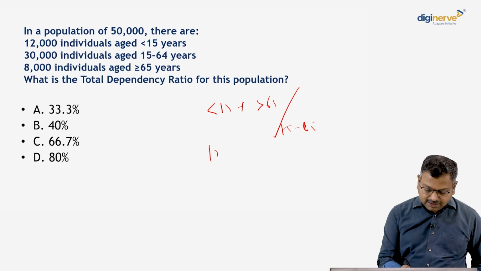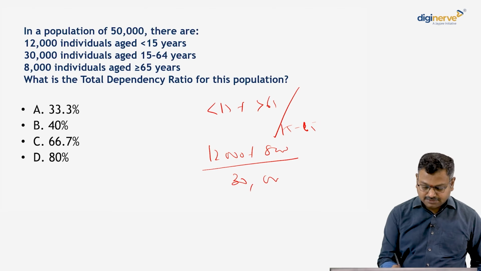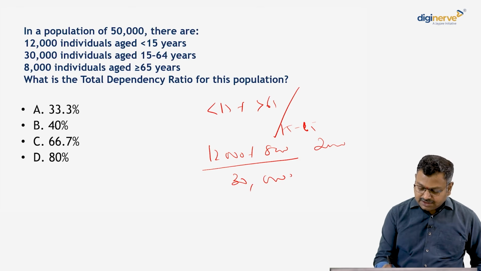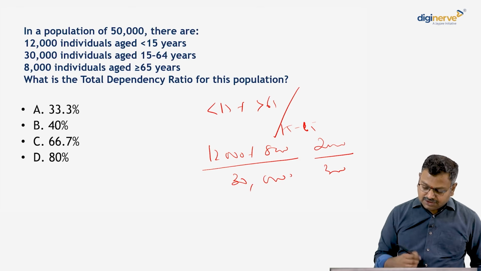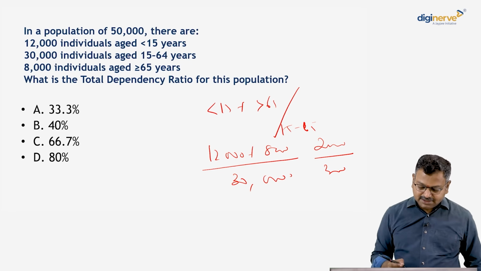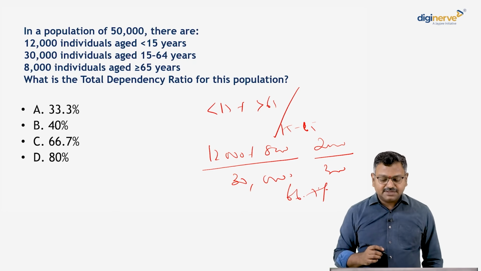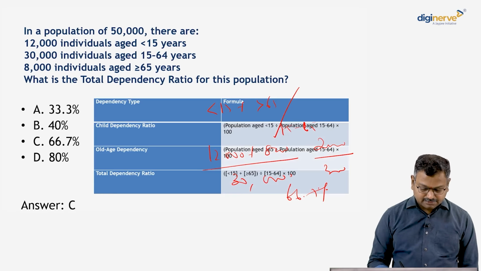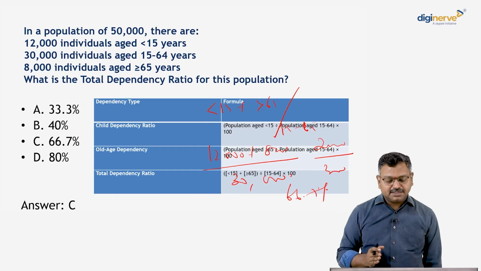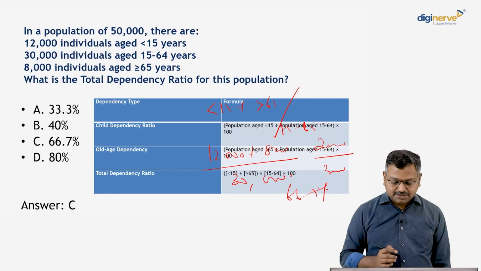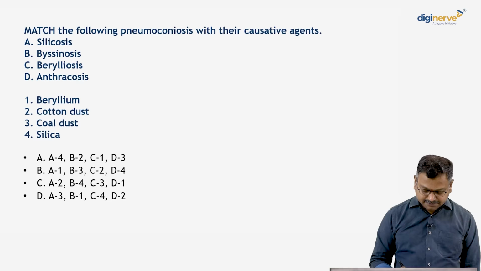So 12,000 plus 8,000 is 20,000, divided by 30,000, into 100 for a percentage. So it comes to around 66.7%. So the answer is C. So remember the child dependency ratio, the old age dependency ratio and the total dependency ratio together make up the dependency ratio that you would see.